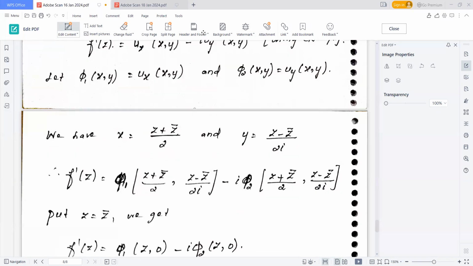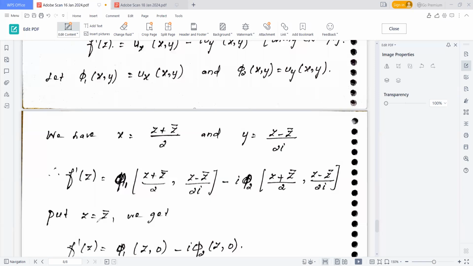So therefore, f dash of z equal to phi1 of z plus z bar by 2 comma z minus z bar by 2i, because we took ux of x comma y as phi1 of x comma y, minus i phi2 of z plus z bar by 2 comma z minus z bar by 2i.